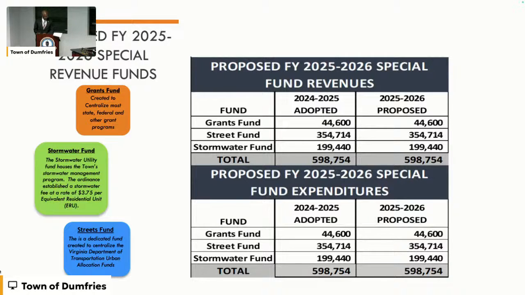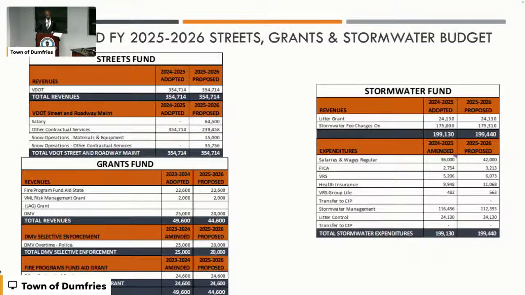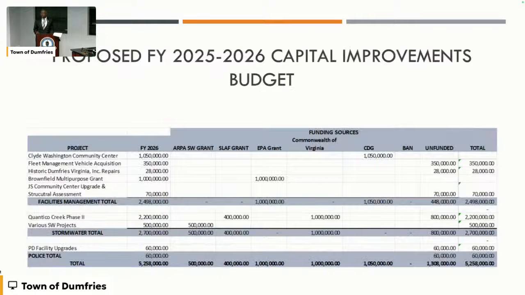This goes into a lot of the detail about each one of these programs. Lastly, I will propose the many possibilities that we can do under our capital improvement plan. The town's capital budget is projected to be $5.3 million.